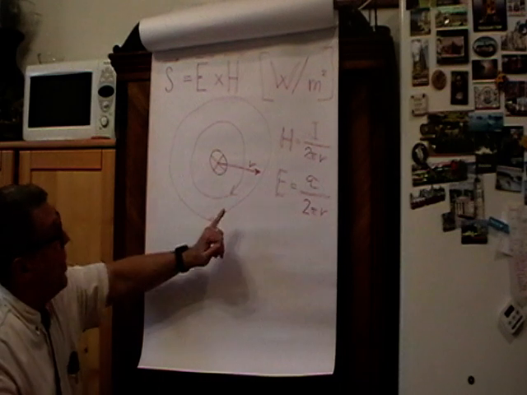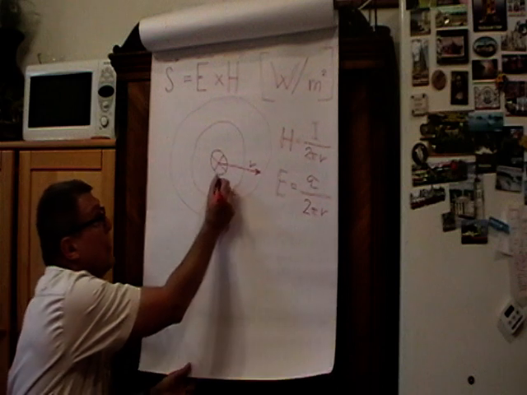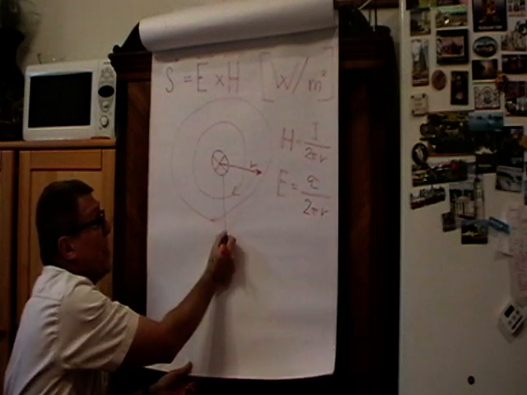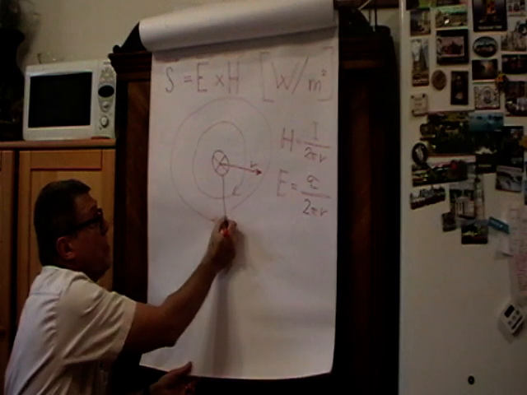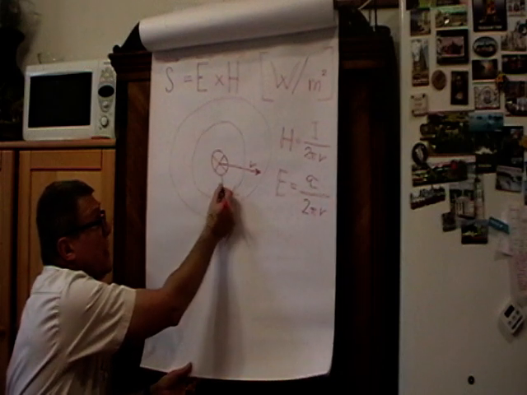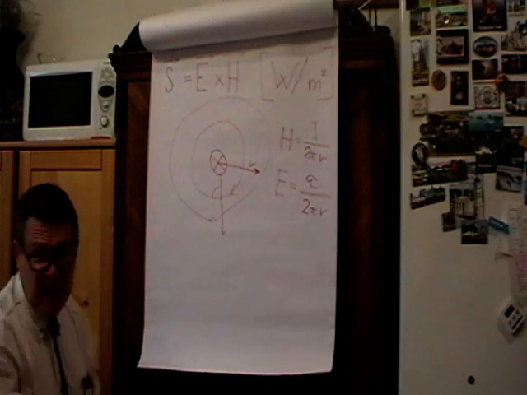Now, at any point, you can find, I will draw, this is the line of the E. It goes perpendicularly to the field lines of the magnetic field.